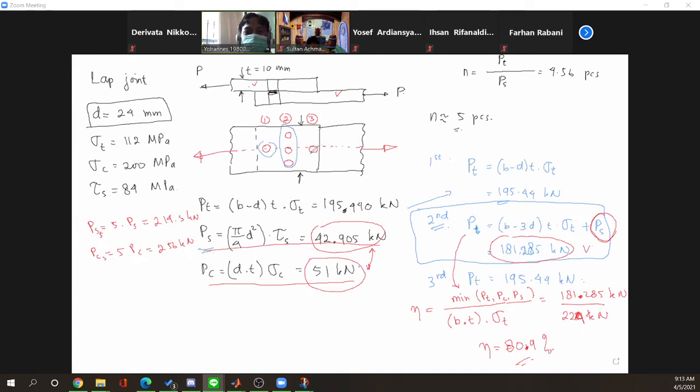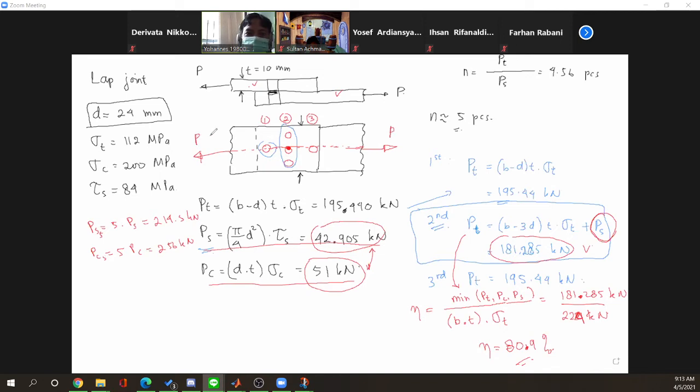It always passes through the symmetrical line of the plate, or in other words, it always works in line with the center geometry of the joint, which is in the symmetrical line.